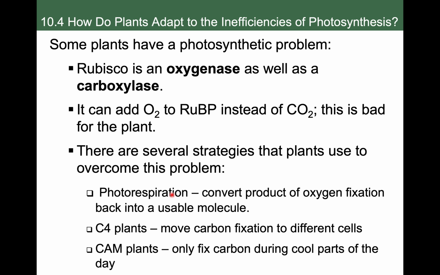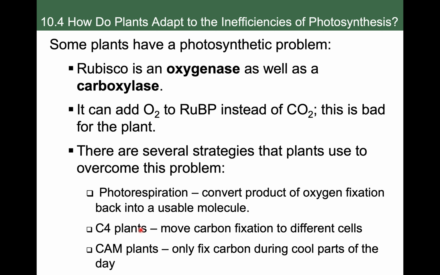So in photorespiration, the plant is going to take those toxic intermediates that were produced due to the plant fixing oxygen and basically biochemically convert them back into non-toxic, usable molecules that will allow the cell to complete the Calvin cycle.